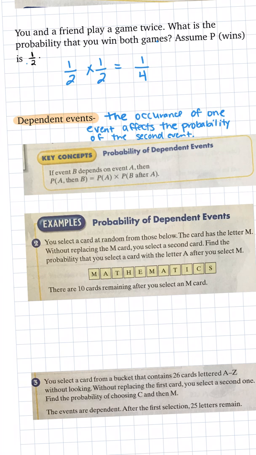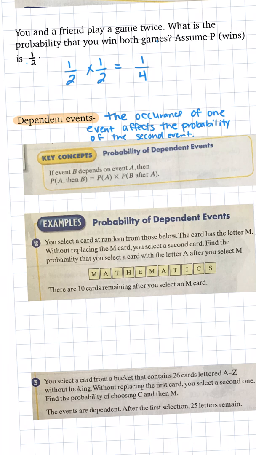Write that down. So in that case, if the event B depends on the event A, then the probability of A then B equals the probability of A times the probability of B after A. So let's use an example.